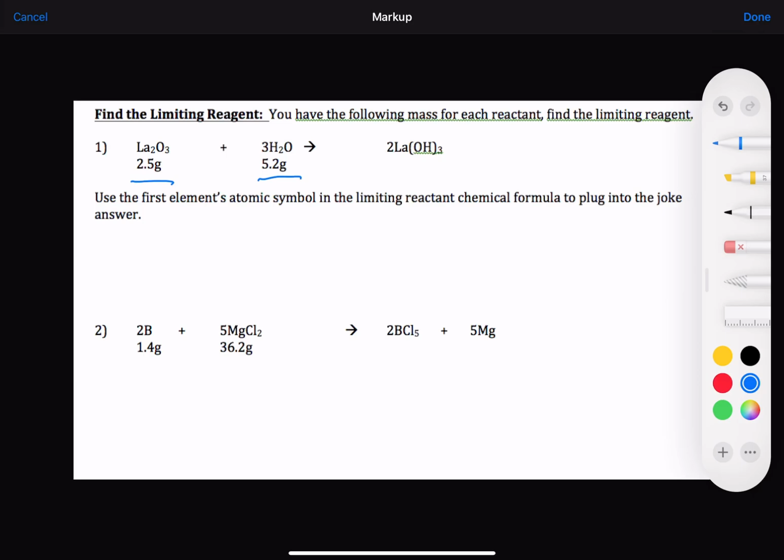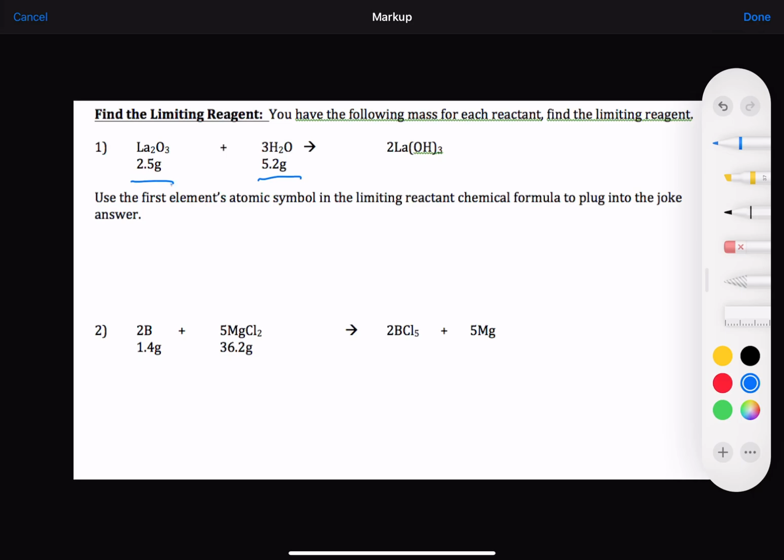If you have 3 chocolate bars and 2 graham crackers, how many s'mores can you make? You can only make 1 s'more because you only have 2 graham crackers, but you do have 3 chocolate bars. So the limiting reactant or reagent is the graham crackers because you're limited on how many s'mores you can make.